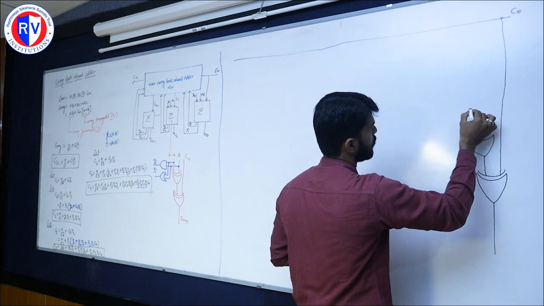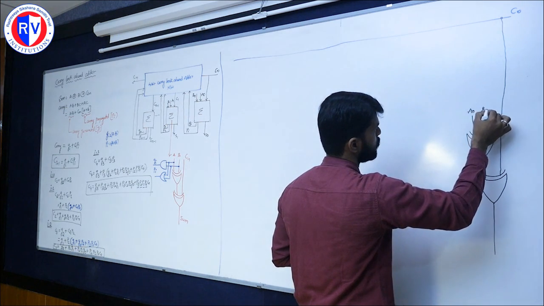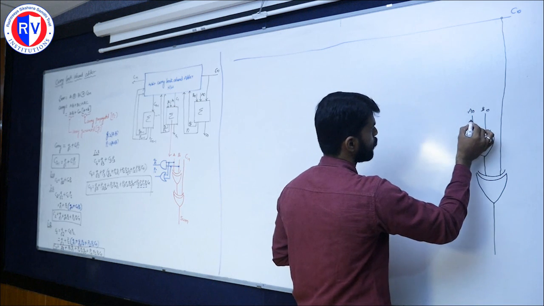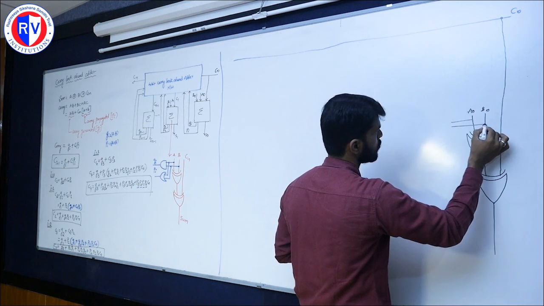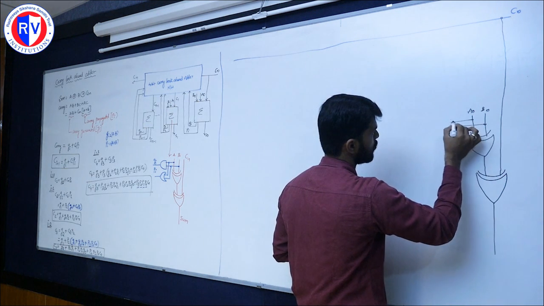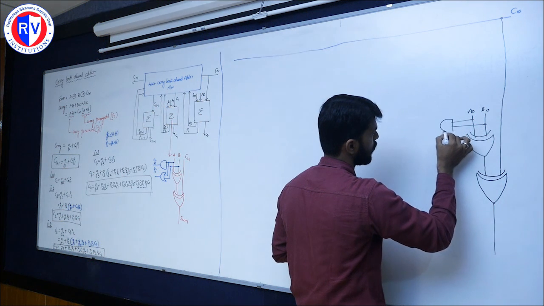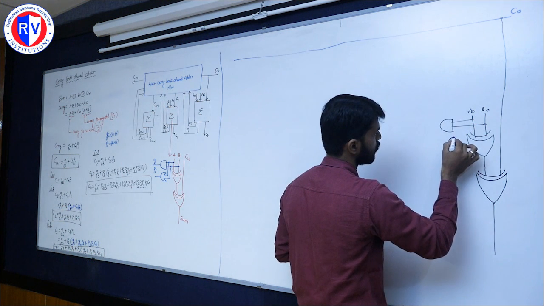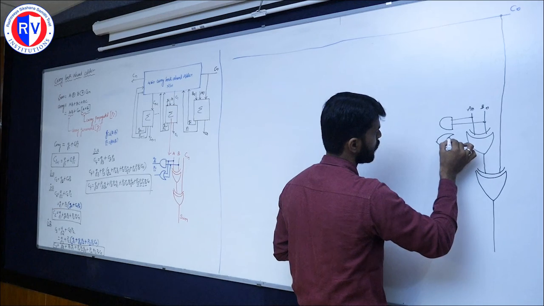So this is my A naught and B naught, and the output of this has one AND gate and also one OR gate.